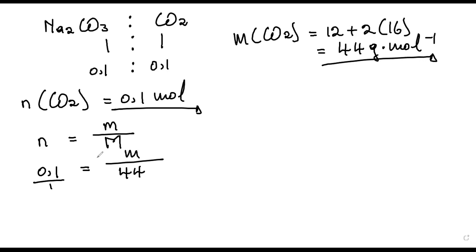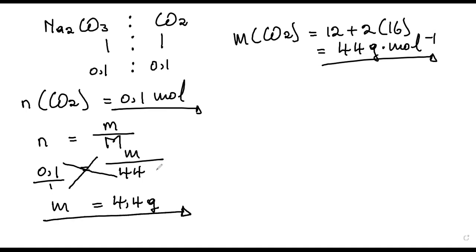So I say m multiplied by 1 is m, and then 0.1 multiplied by 44. If we press it, we are just going to get 4.4 grams, like that. So this is the mass of carbon dioxide that's going to be produced. Awesome. So let's go back to the question.